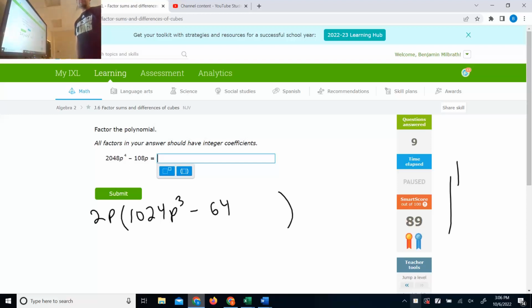So I actually want to pull some more out of this. It'd be nice if I can get down to 512. The problem is that 32 that's going to be floating around. That's the problem.